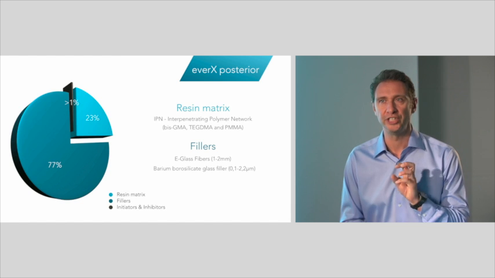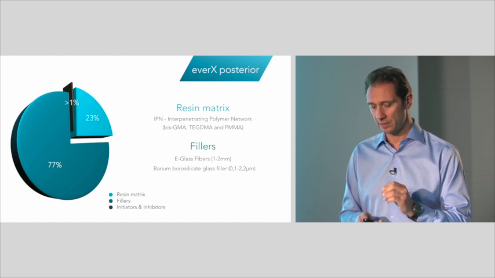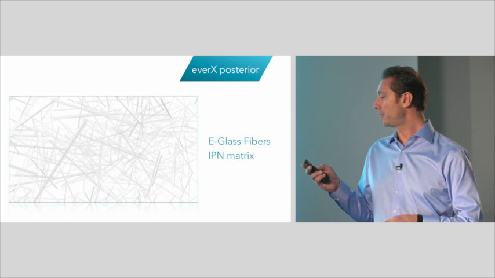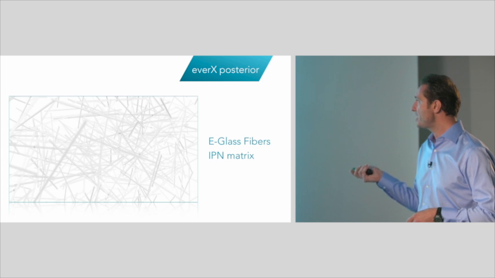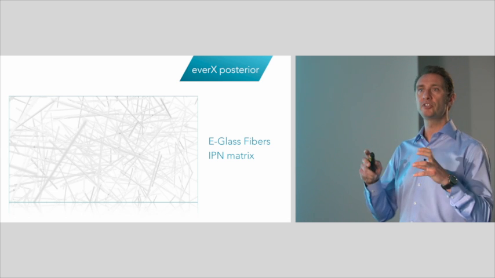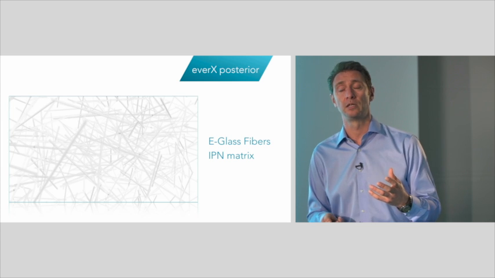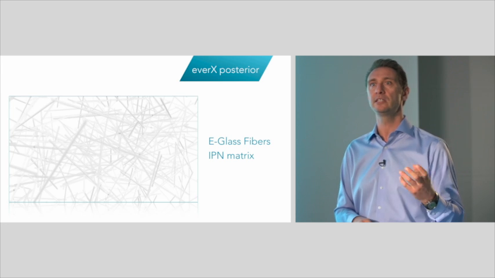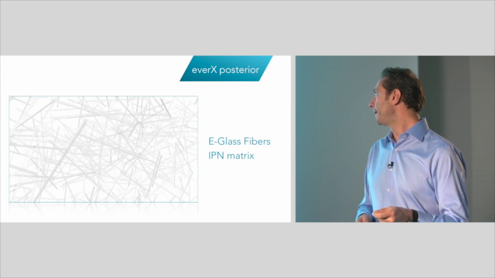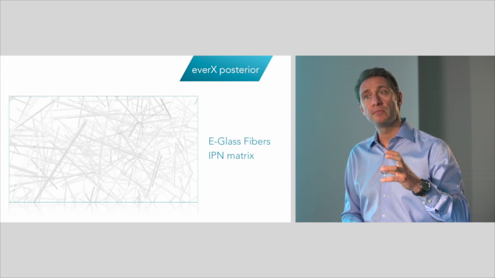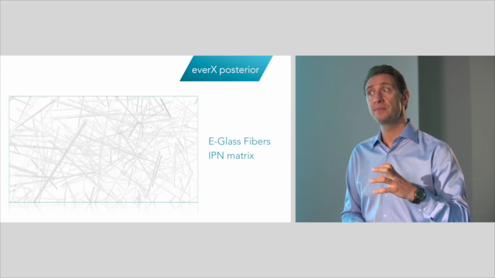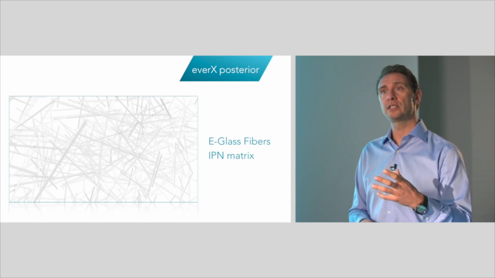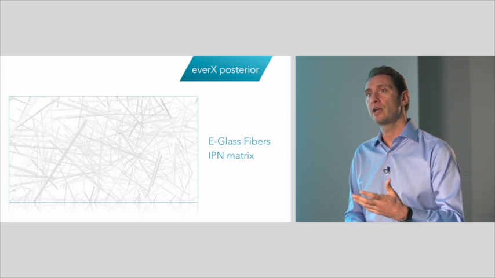Now the key, really, the real key, what is important in a material like this, it's in this complex, in the way the matrix and glass fibers interact together. It's not like a regular matrix with just fibers inside. You really need a good bond and integration of the fibers into the matrix, because they need to be able, the fibers, to take over the stress that is created inside of the matrix.